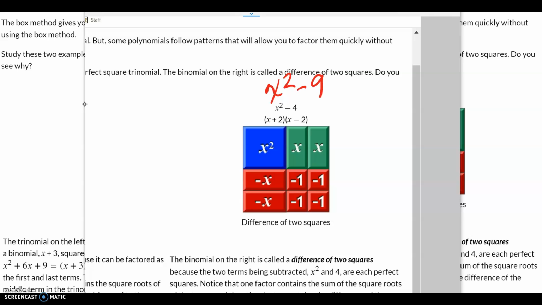We know that the square root of 9 is 3. So we could write that as x plus 3 times x minus 3. Because we know that the middle term would cancel each other out. And we know that the positive 3 times the negative 3 would give you negative 9. All right, so this is called a difference of 2 squares.